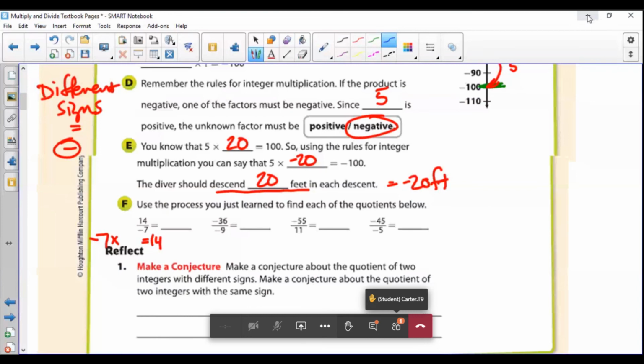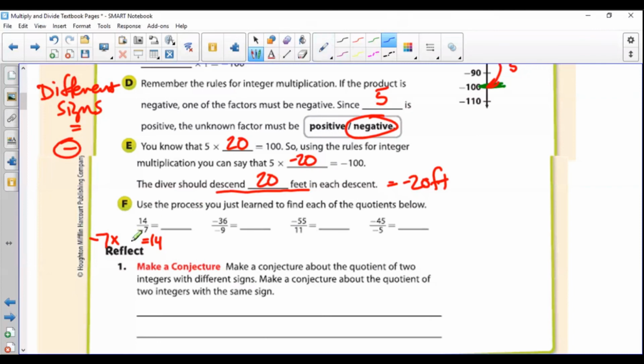Two, right? Since I want it to be positive, I'm going to do the same sign. So if I want a positive 14, I'm going to multiply negative 7 by a negative 2. So 14 divided by negative 7 gets me negative 2.